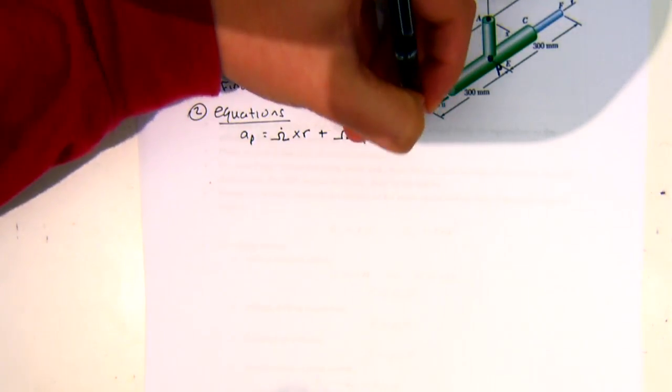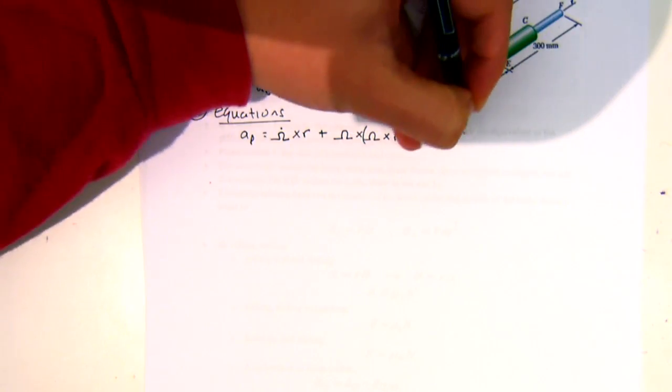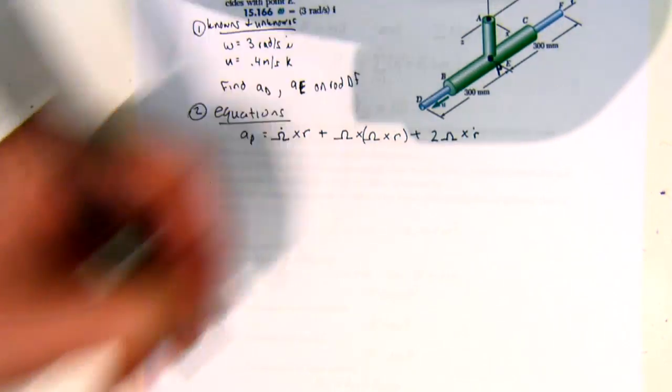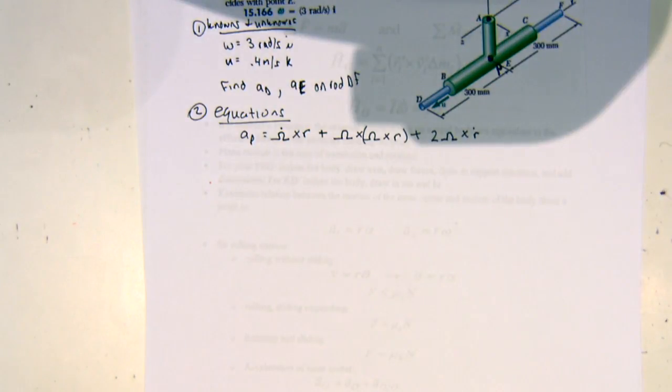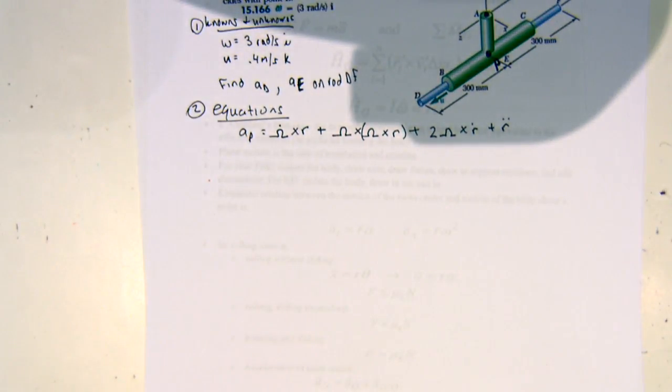Then for Coriolis, I'm going to have 2 times omega cross r dot, or v relative, whatever you want to call it. Then plus r double dot. Now, we're going to use the same equation for both points. The only difference between the two is going to be the r vectors that we use.